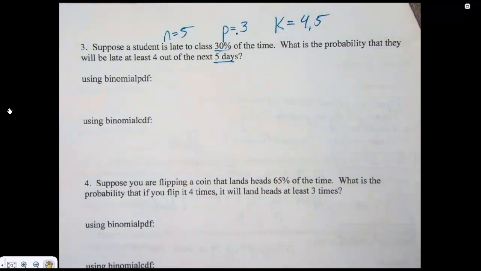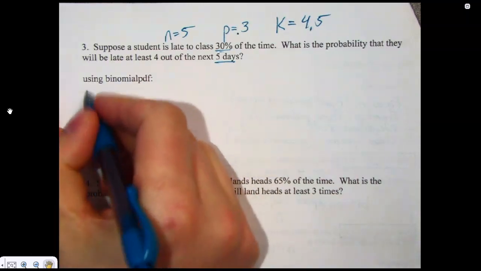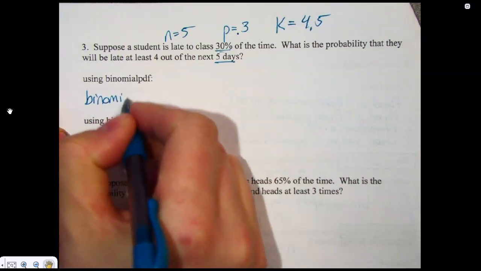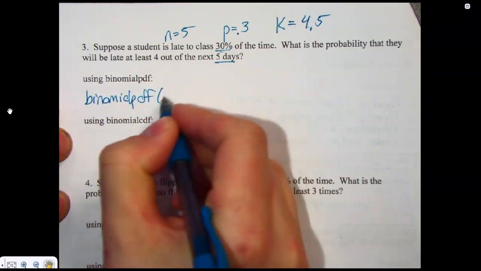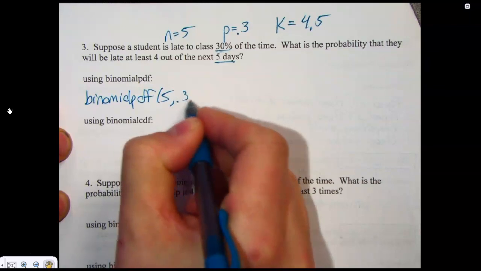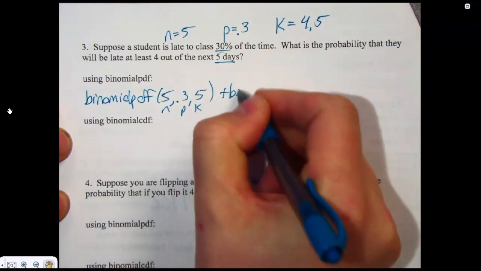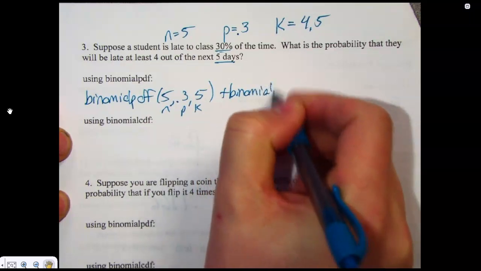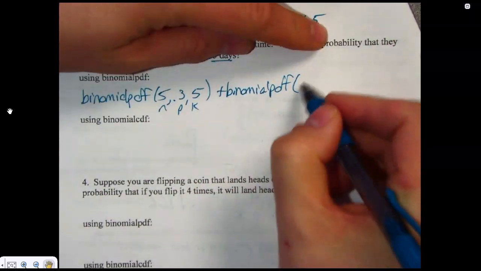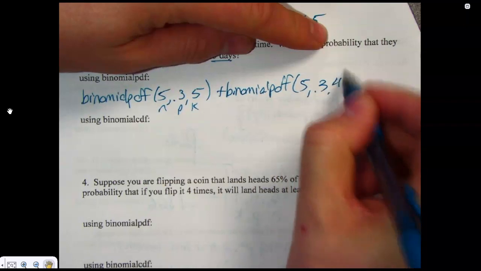So there's 2 ways you can do the problem. I think for most people it's easier to do PDF of 4, PDF of 5, and just add it together. Like I'm going to particularly find 4, I'm going to particularly find 5, I'm going to add them up. So let's start with it. So I have a binomial PDF 5, .3, 5, and then 5, .3, 4.